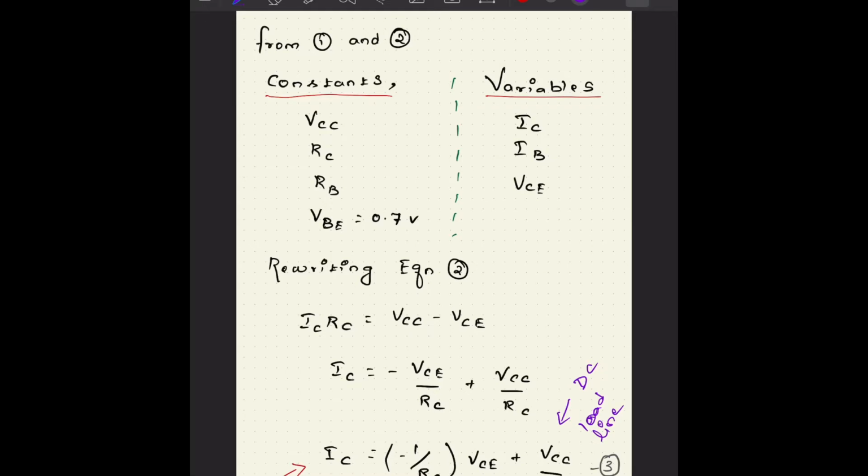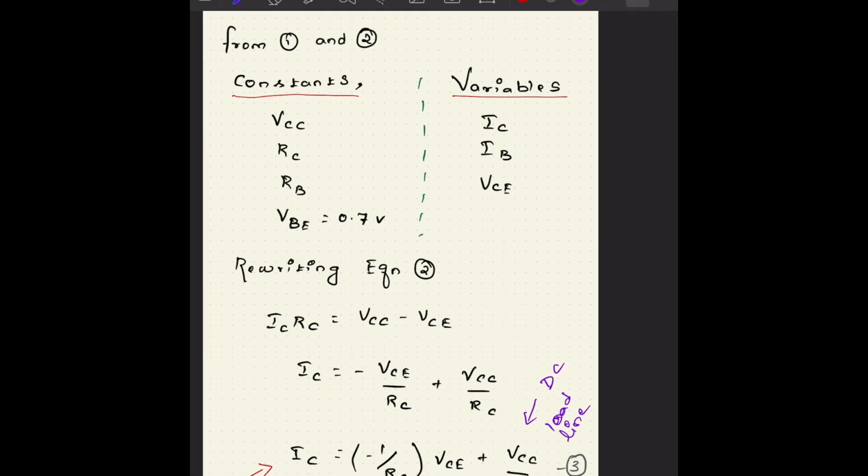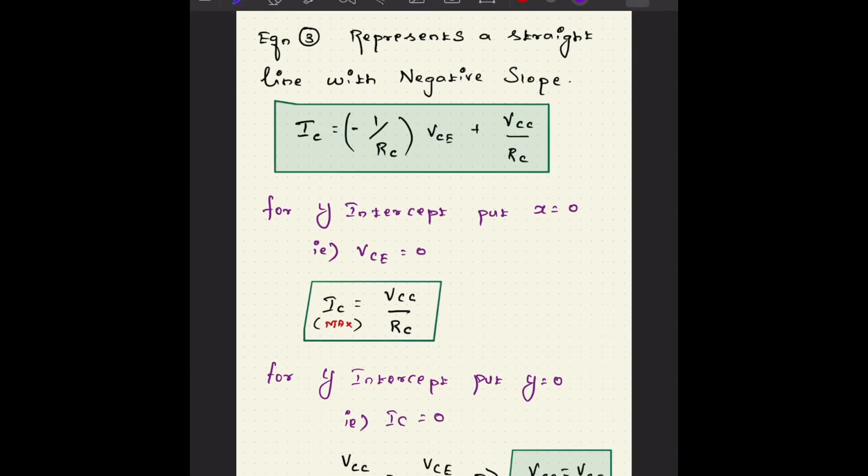Let's see how we are writing it. This equation represents a straight line with a negative slope. If it is a straight line, we have to calculate the y-intercept and x-intercept, where the line cuts the y-axis and the x-axis. In order to find the y-intercept, we need to make x zero.